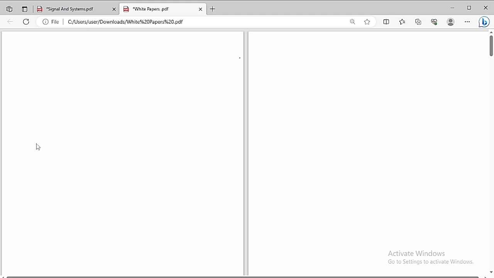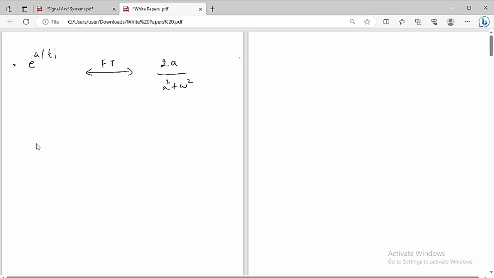I have already told you that for e to the power of minus a into mod t, the Fourier transform we are going to get is 2a by a squared plus omega squared. So this is what we are going to get for this signal.